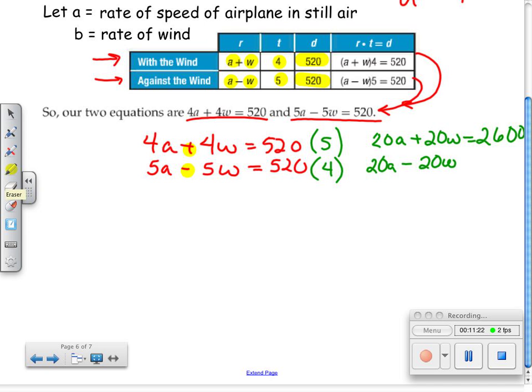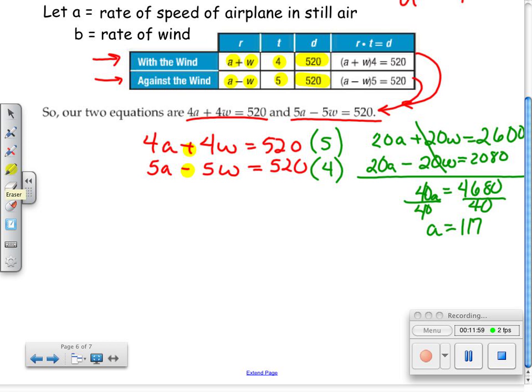And then we have the next one, we'll multiply by 4 and we'll get 20A minus 20W equals, and 520 times 4 is 2080. Yes, 2080. These two cancel out. We get 40A equals 4680.